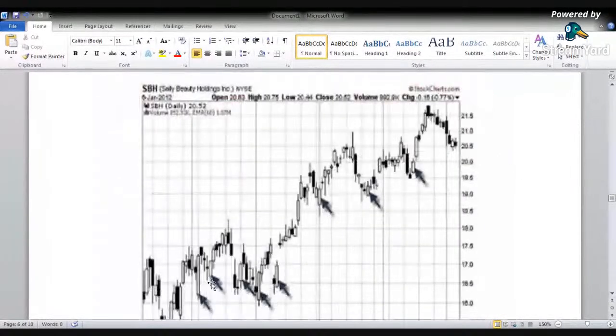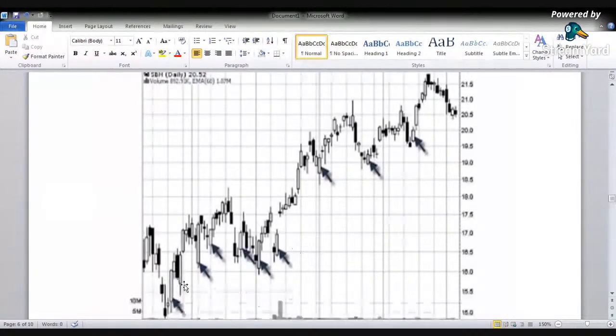So, makikita natin dito, ito yung mga candle, itong red color, and the next candle almost covers the previous candle. If you see here also, 50%, more than 50%. Okay.